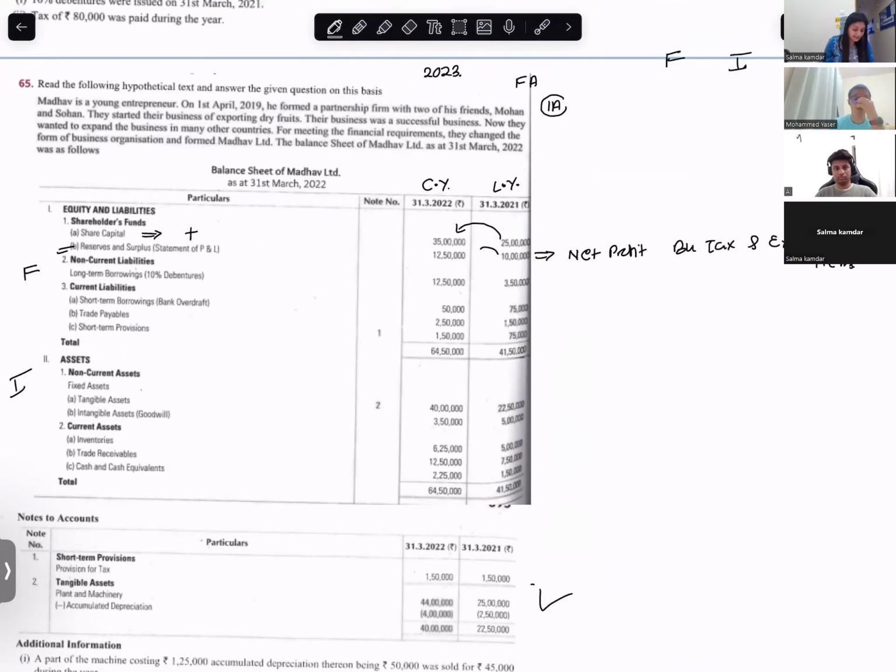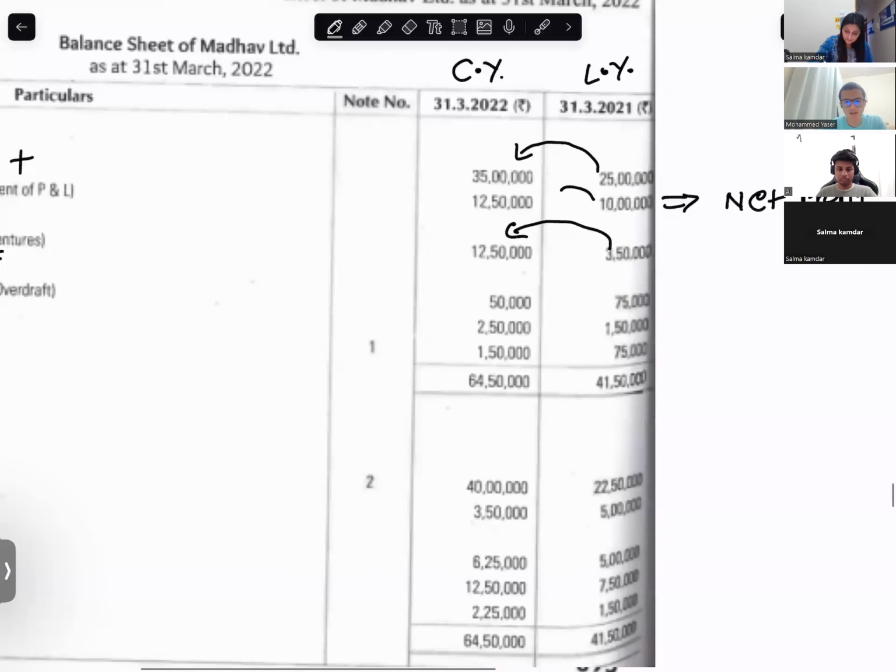Non-current liability, 10% debentures. What is happening? It is increasing. It is increasing by how much? One minute.